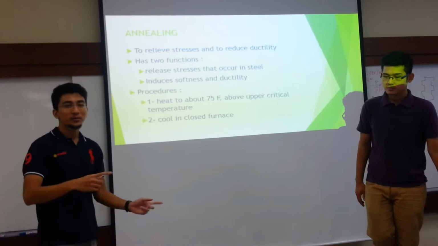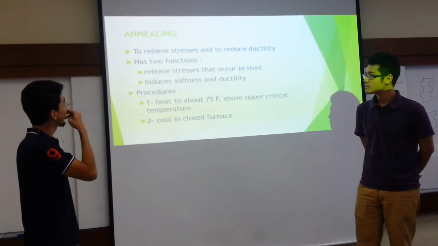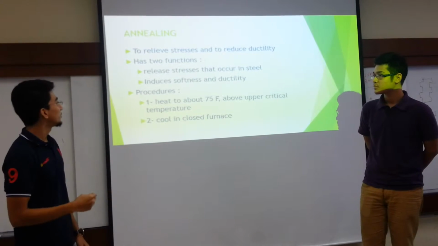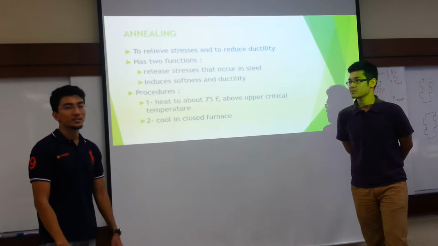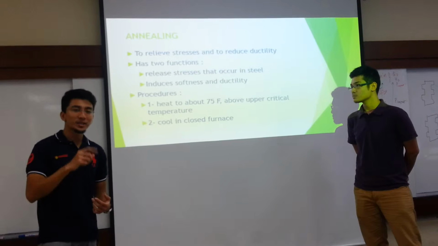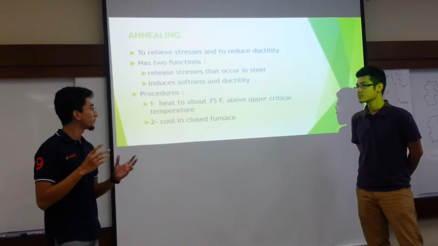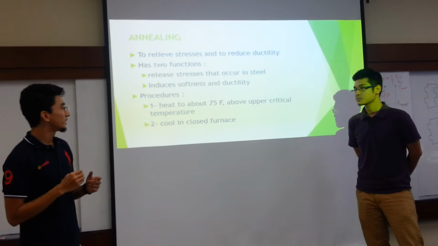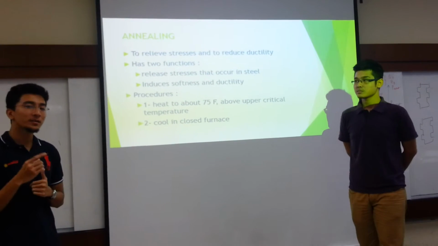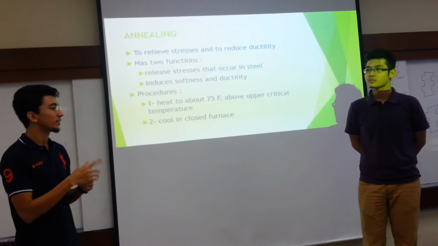It's the same as the previous step, which has two functions: to release stress that occurs in steels and to induce softness and ductility. The procedure is also the same as the previous step. We need to heat up the steel from 75 Fahrenheit above the upper critical temperature, and the second step is to cool it down in a closed furnace. Next.